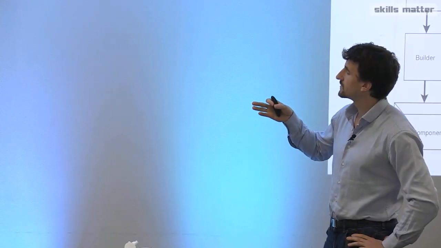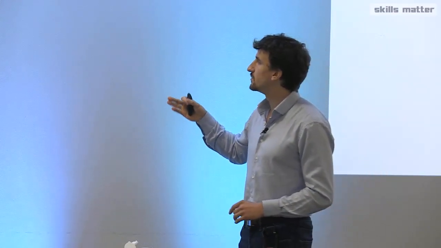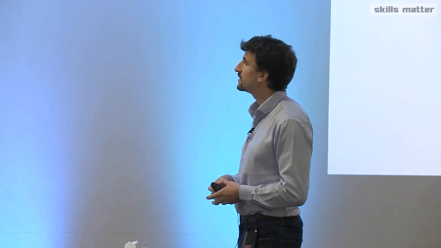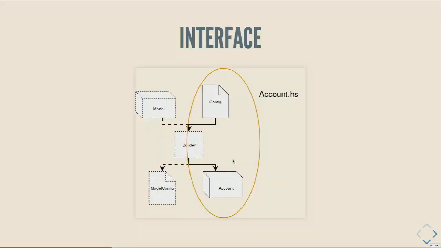So there's some structure to this. I like to think of the config and the component as the interface. That's the public-facing part, which you will be using in other components that depend on this one to interact with it. You will provide a config for it for triggering actions. A config usually consists of events that just tell the component to do something.